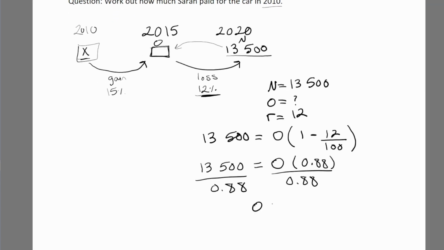And we get, just plug this on your calculator, the old price is 15,340.90 recurring. So this was the price he paid for the car in 2015.